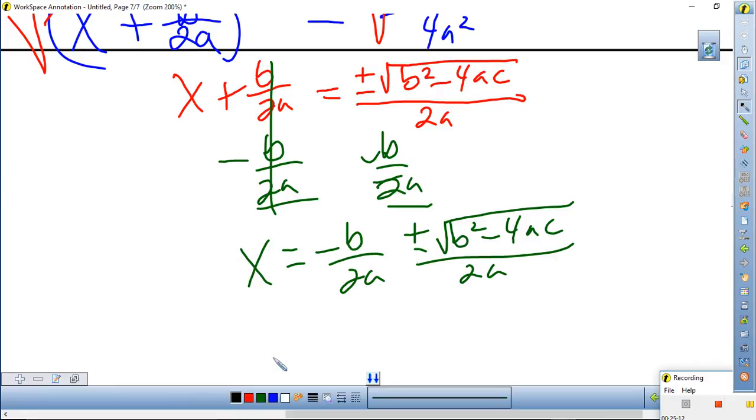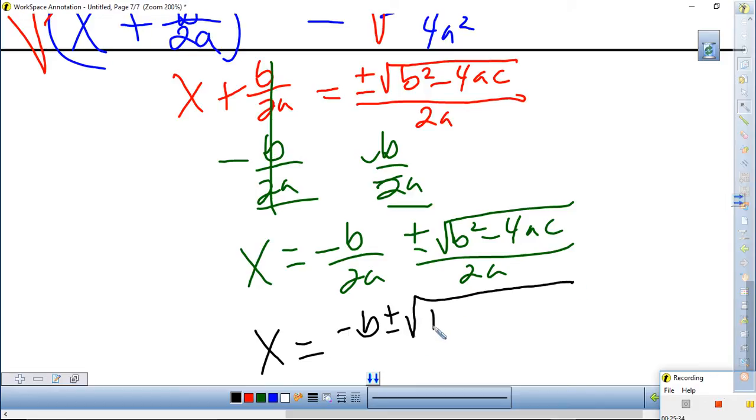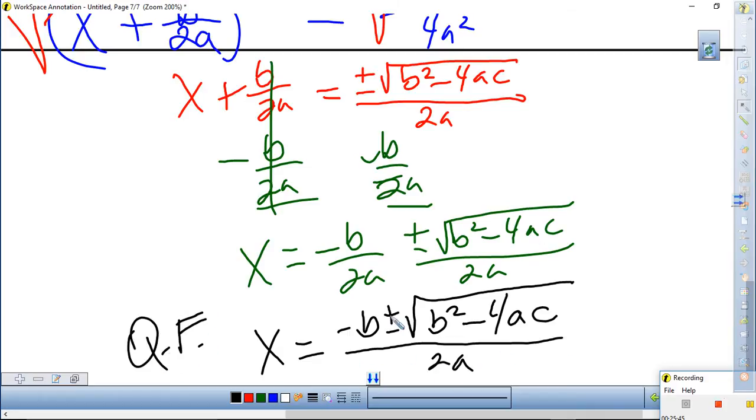Tell me what to write. Square root. And that's our quadratic formula.